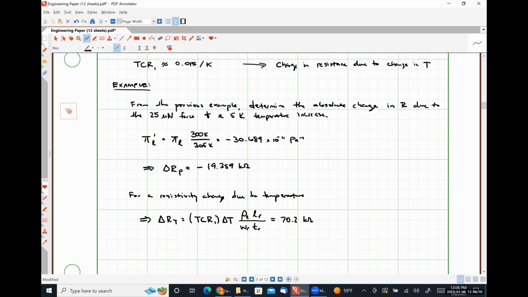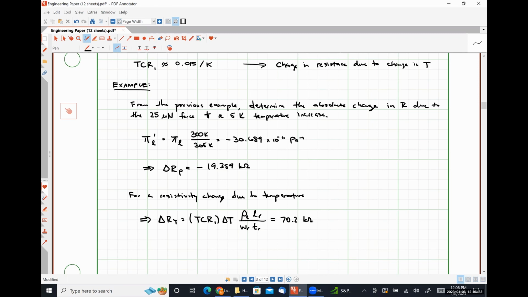So in crystalline silicon, resistivity's dependence on temperature is about 3.5 times larger than the piezoresistive effect, and this is for N-type materials.